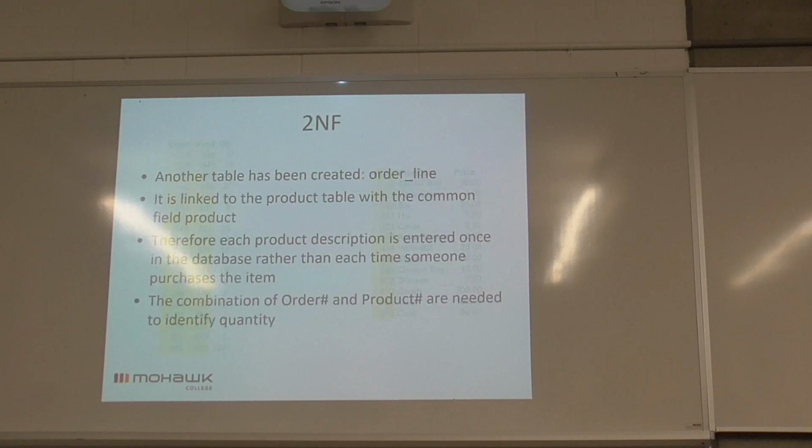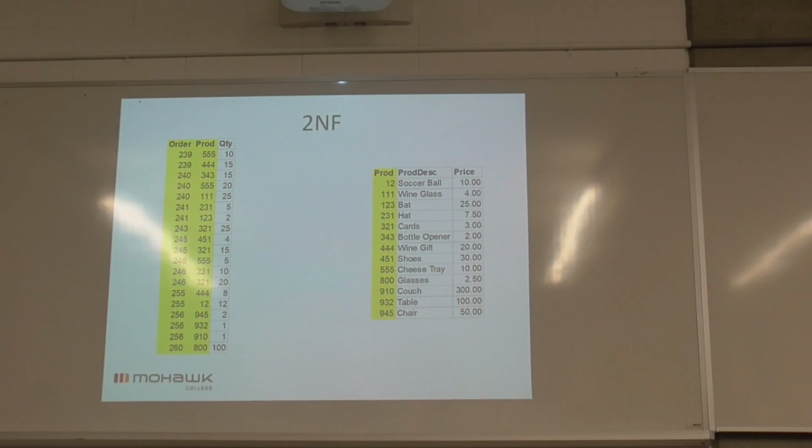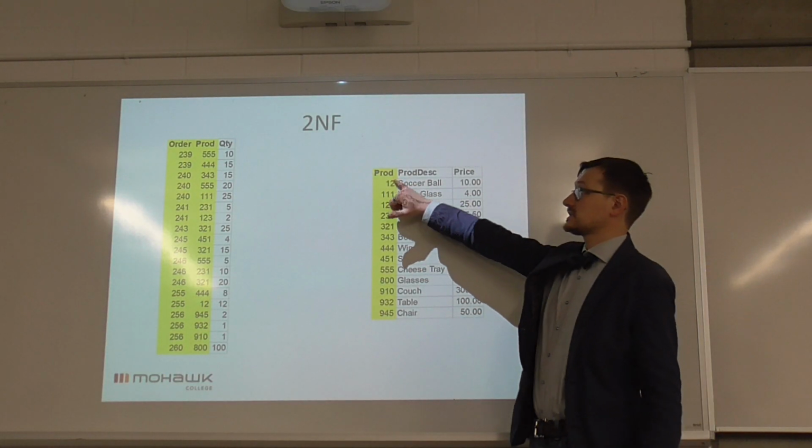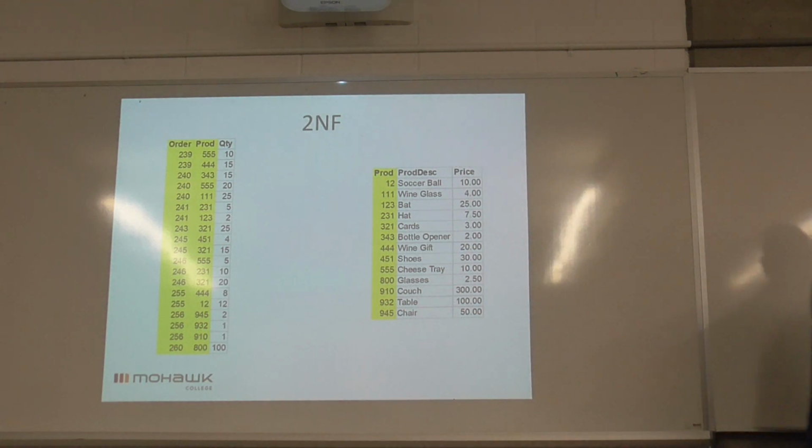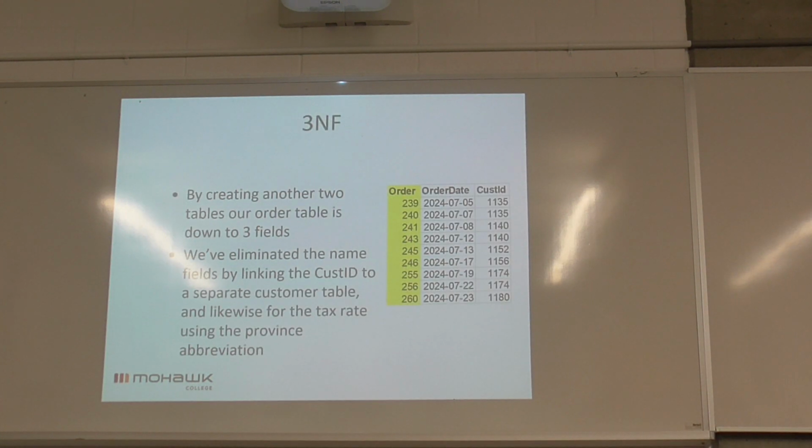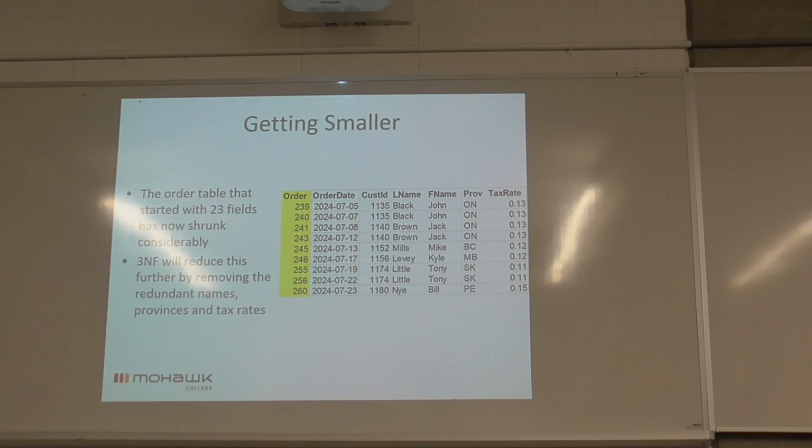In second, we were applying all of this to IDs. Here, these are not primary keys, right? This is probably going to be a primary key, but it's not this table's primary key.